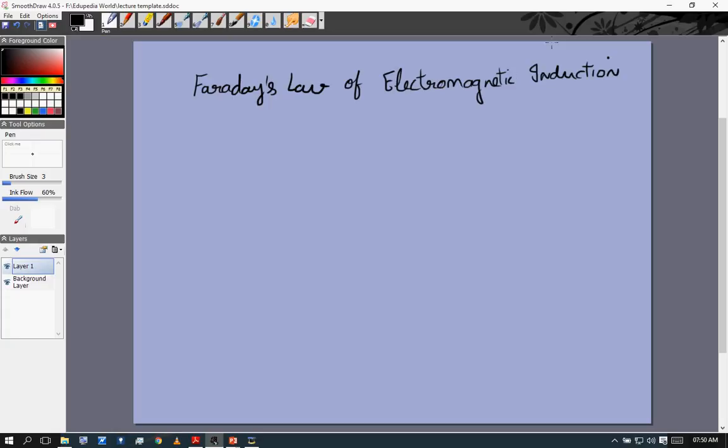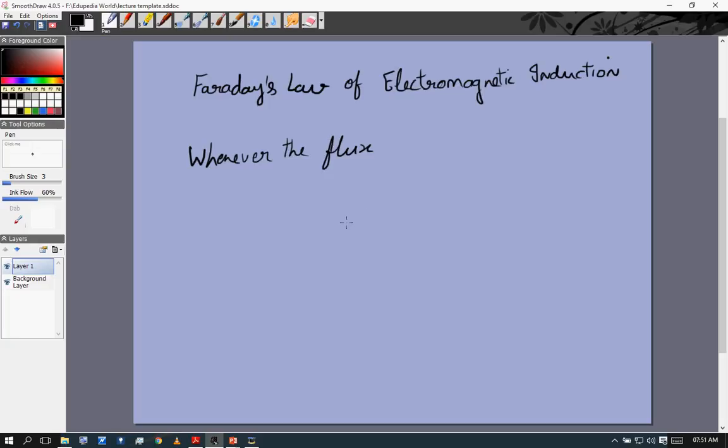Now I'll just write the whole law first. It says that whenever the flux, we've seen the term flux before. When we were talking about Gauss law, we saw the electric flux, which was the flux due to the electric field.